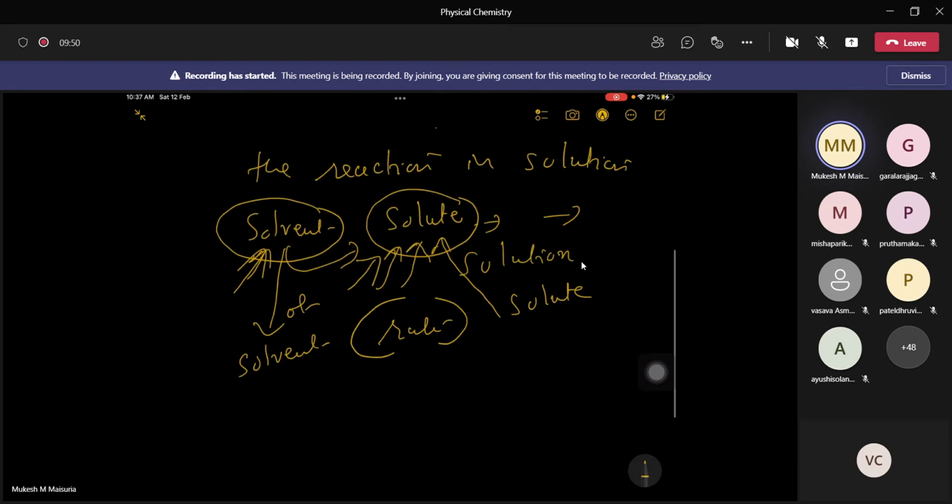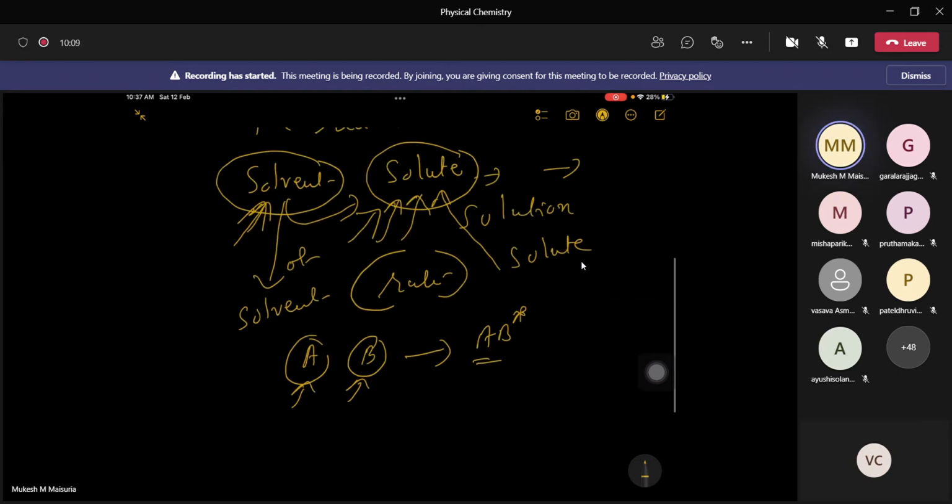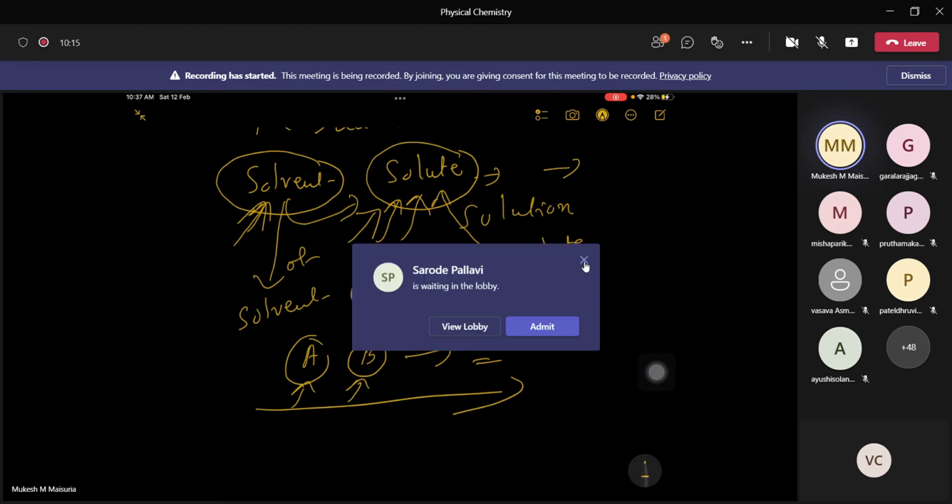Earlier we discussed the collision theory as well as the transition state theory, in which we considered two simple spherical molecules and the collision between these, which forms the activated complex. We have not considered that the reaction may also involve the solvent molecules.